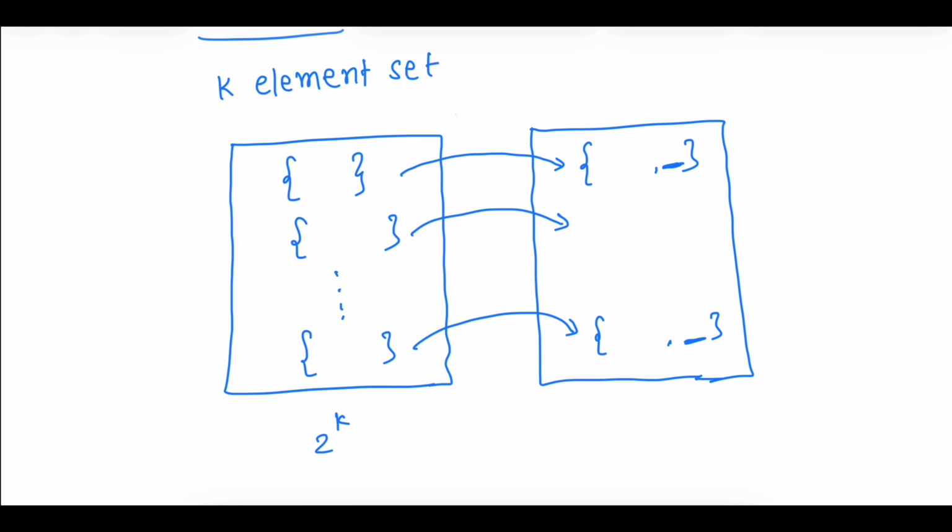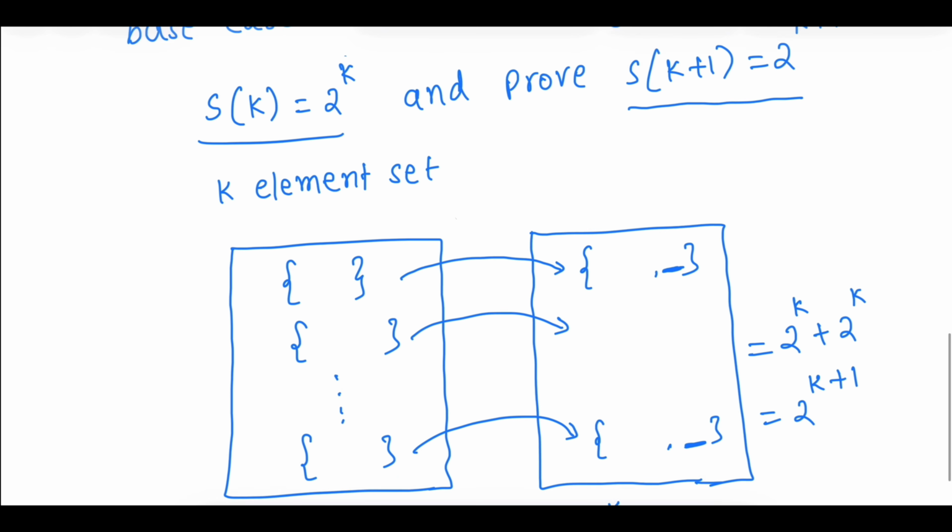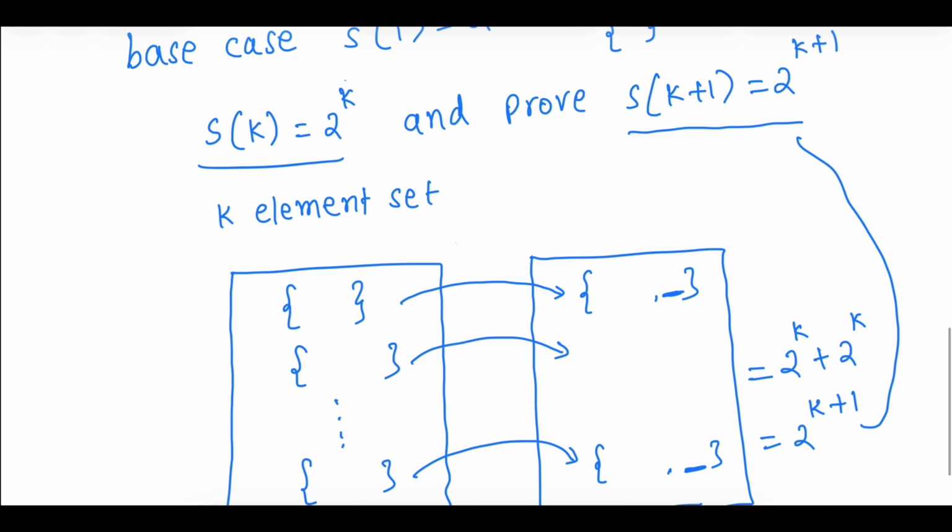So we'll have formed 2 power k more subsets, right? So the total number of subsets if we have k plus 1 elements is 2 power k plus 2 power k, which will be 2 power k plus 1, and this is what we wanted to prove, right?